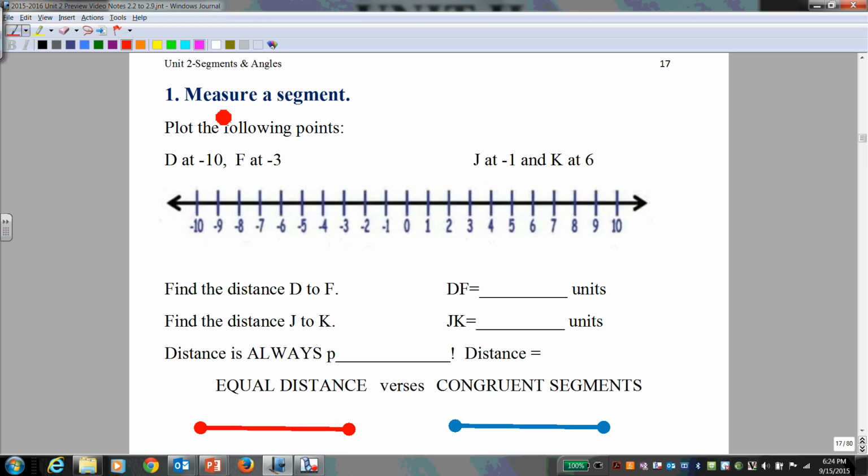So right here, it says plot these points, connect them and make those segments.